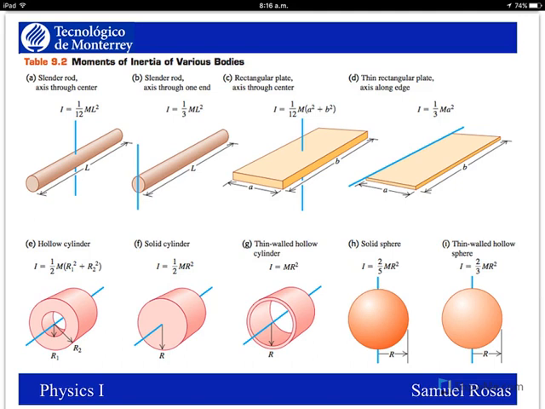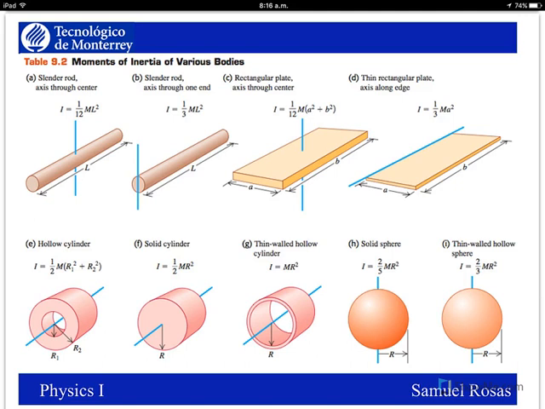For instance, the moment of inertia of the slender rod, where the axis of rotation is its center of mass, is 1/12 of the mass times the length of the rod squared. We can discuss each and every one of these moments of inertia, but maybe you can take a minute by yourselves to analyze these.